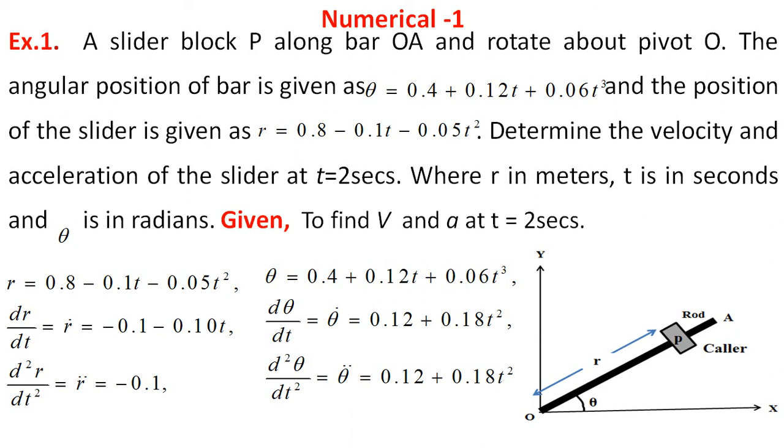So again I will read out the problem for you. A slider block P along a bar OA. This is the slider, which is along the rod OA, and it rotates about the pivot O. The angular position of this rod, theta, is given by 0.4 plus 0.12 t plus 0.06 t cube, and the position of the slider along this rod is given by the equation r equal to 0.8 minus 0.1 t minus 0.05 t square.